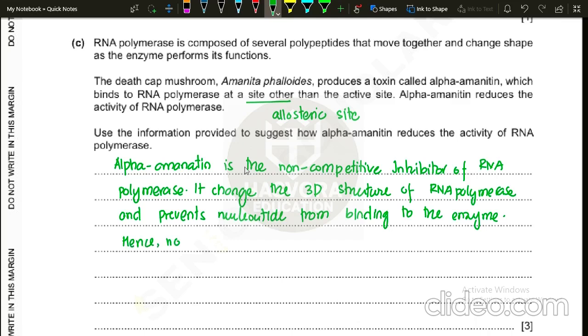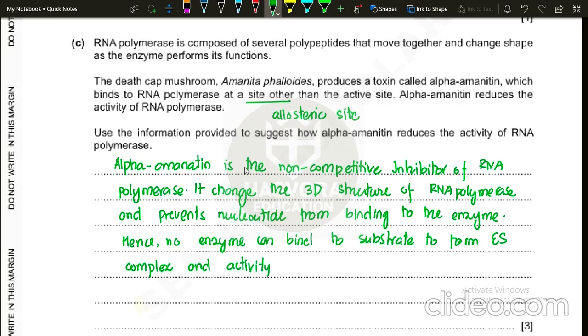Hence, no enzyme can bind to substrate to form ES complex, and activity of RNA polymerase is reduced. Okay, so this will be your answer.